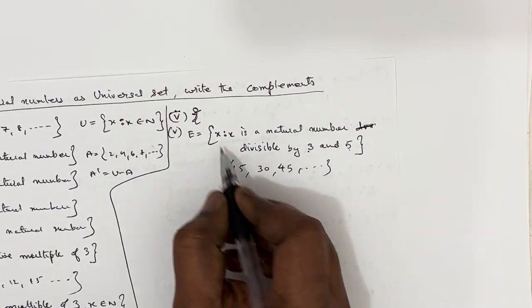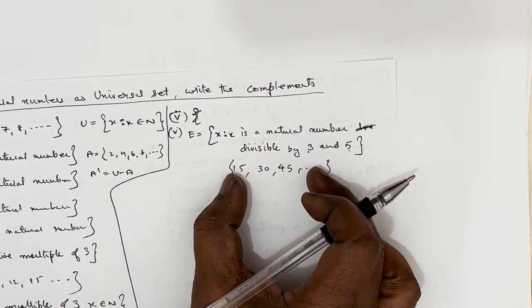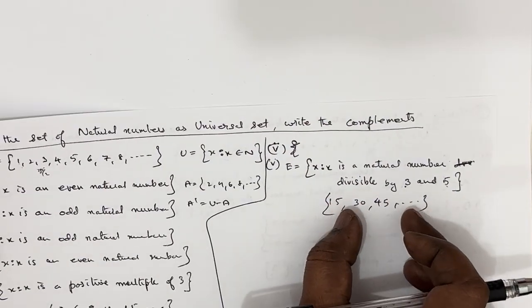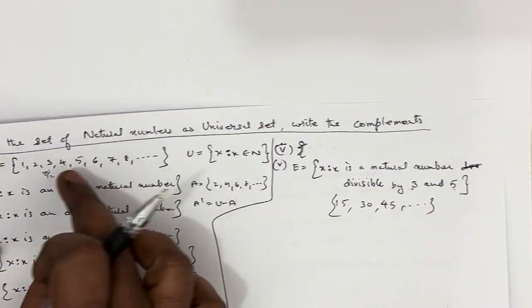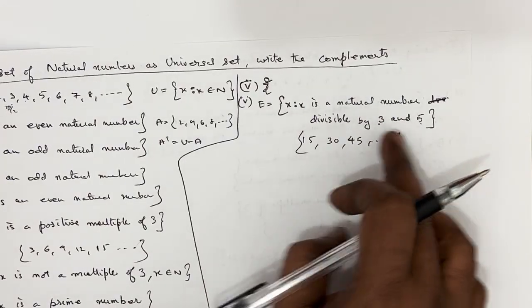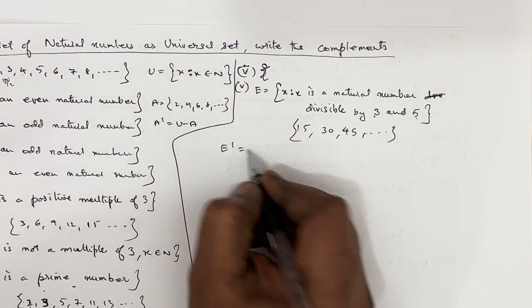So this is the set, E set. If you remove all these elements from the universal set, the numbers which are not divisible by 3 and 5 are left. So that is E dash.